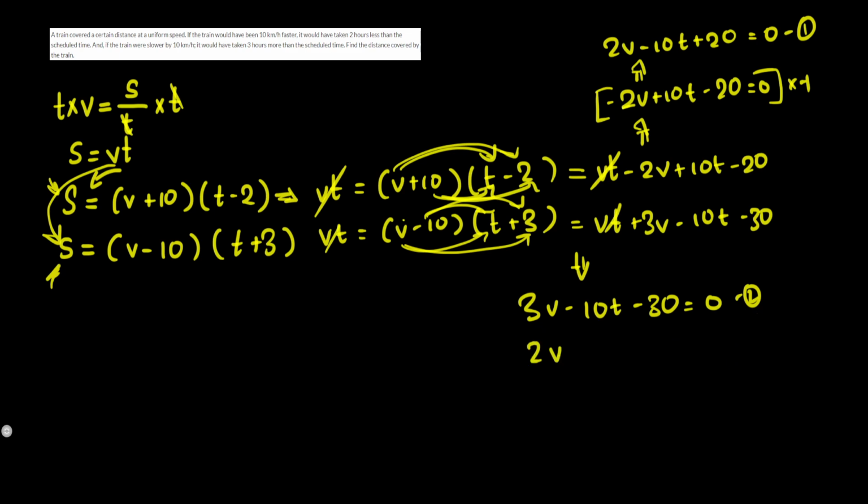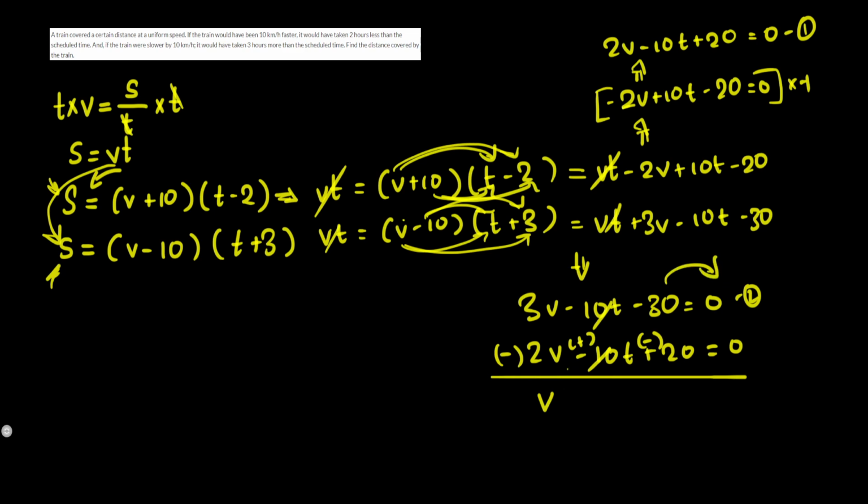So I'm subtracting, so that becomes minus, that becomes plus, that also becomes minus. Minus 0 is 0. So 3v minus 2v gives v, and minus 10t plus 10t becomes 0. Now minus 30 minus 20 is minus 50. If I take that to the other side, I get 50. So speed is 50 kilometers per hour.